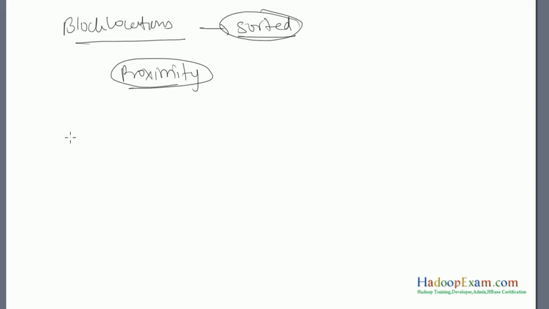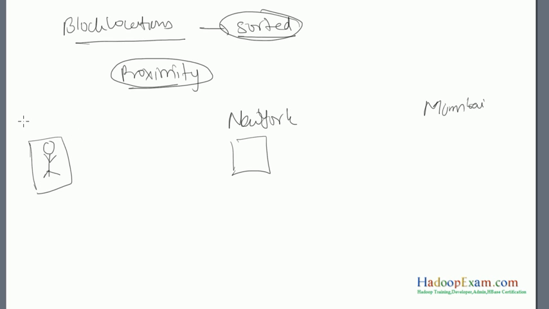Suppose you are reading a file from a Hadoop cluster which expands across various regions, one in Asia Pacific and one in the US. Let's assume this is one data node in New York and another data node is in Mumbai, India. The client calling to read the file is in New York.